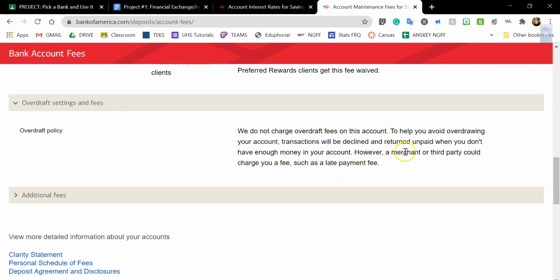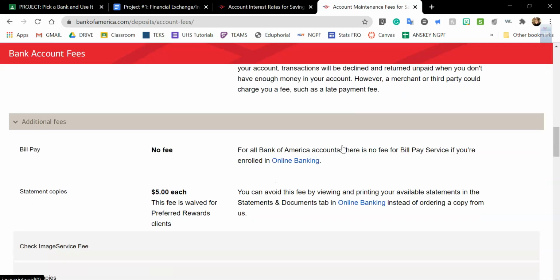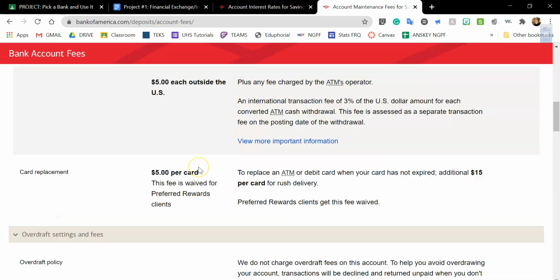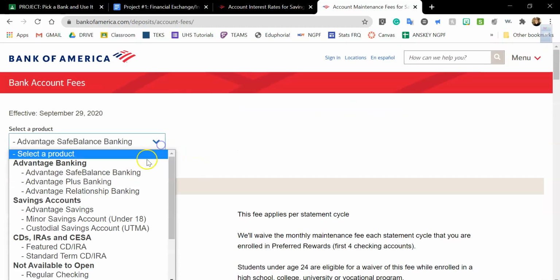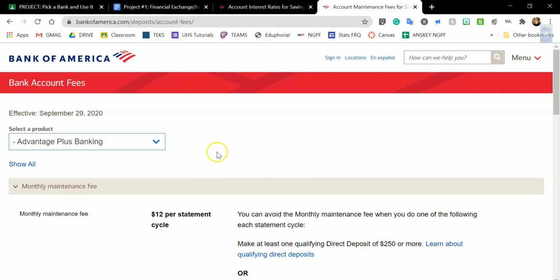So they will decline your overdraft and they won't charge you overdraft, which is actually a good thing. They don't have any fees for paying your bills. There's a $5 statement fee, unless you do the preferred rewards. So you can even look through and see what's the difference between the Advantage Plus.